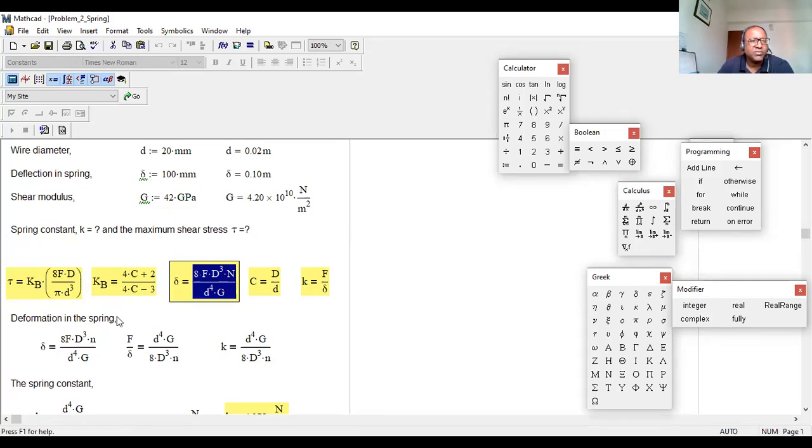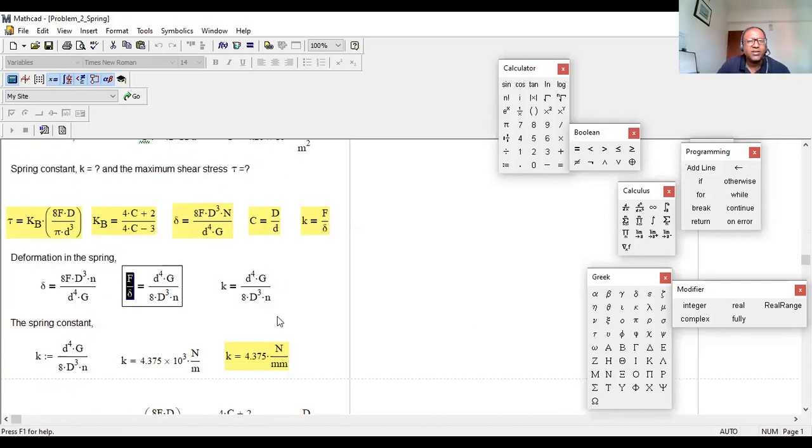So it's a deformation of the spring, delta equal to 8 F D cubed into N divided by small d to the power 4 into G. This is the formula. From this formula, if you rearrange, you can figure out F by delta. And F by delta is the value of K. So this is our K value. In K value, small d value we already have.